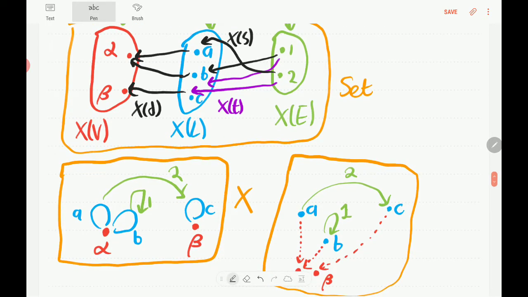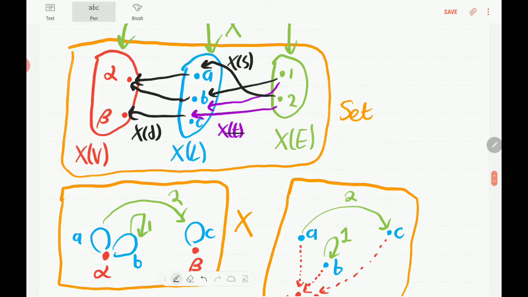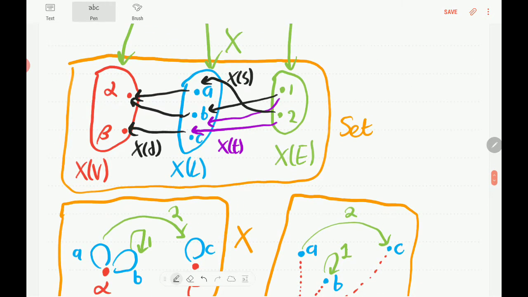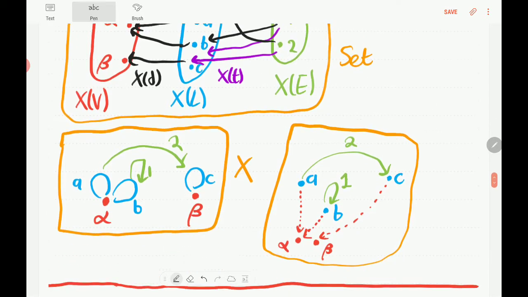There are a couple of ways we can think of this. This idea on the right is probably easiest. We can think of every edge as going from some blue vertex to some other blue vertex according to the source and target functions. But then we also have this extra function X of D, which associates every vertex with something in this red set.